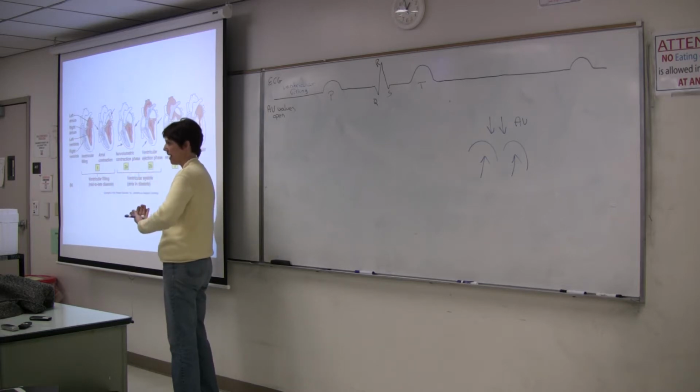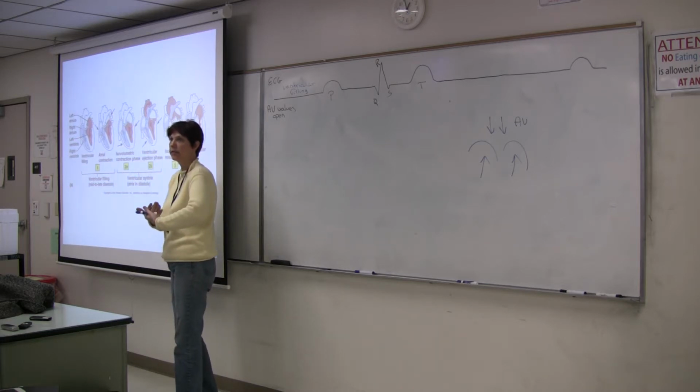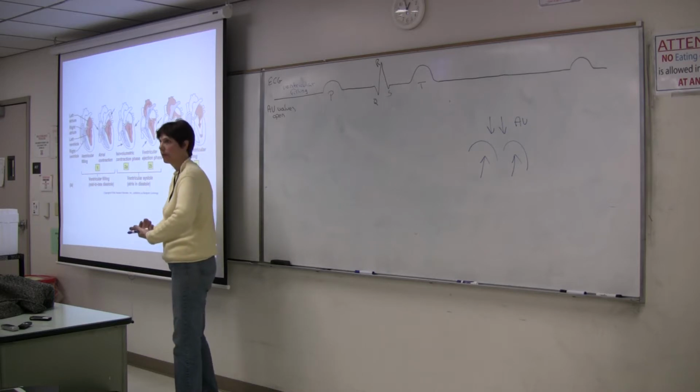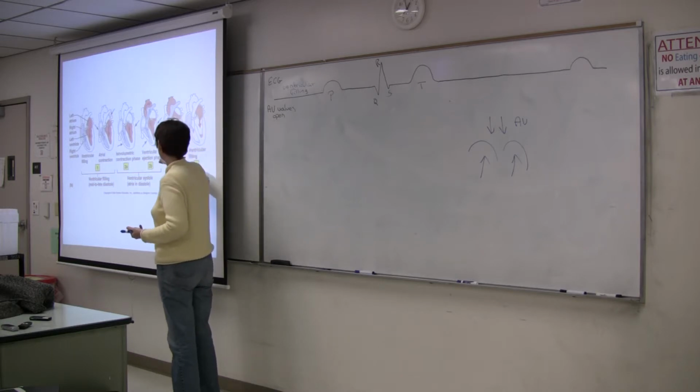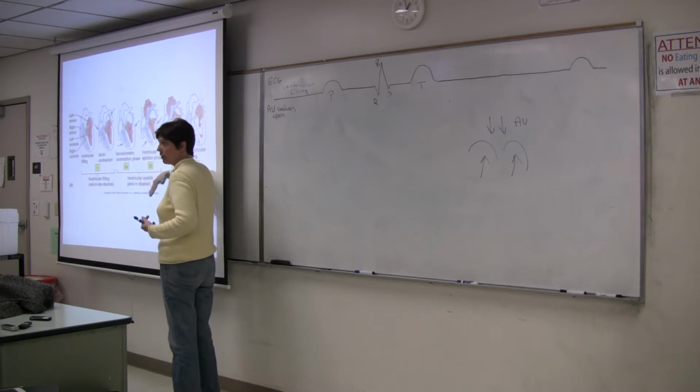It fills up those cusps, and the semilunar valves close. The AV valves are still closed because the ventricular pressure is still higher than the atria. And so we're back to another isovolumetric stage where blood is neither going out nor coming in.